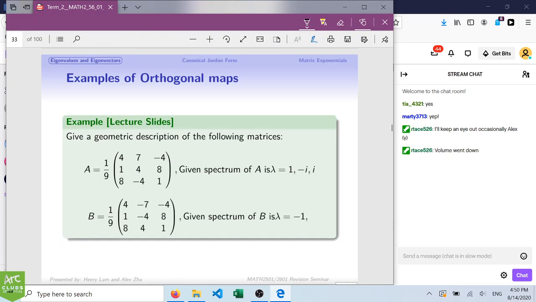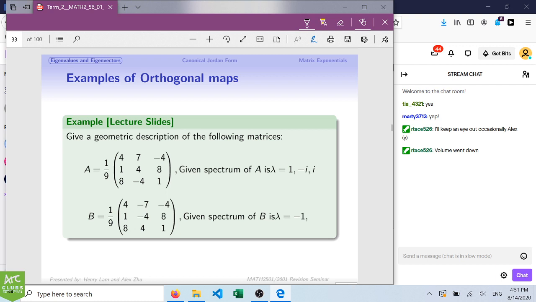Given that you have a matrix, we want to find the geometric description of what this matrix actually does to the vector space. And we're already given that the matrix has 3 eigenvalues, 1, minus i, and i. So first we're going to look at the trace, okay?